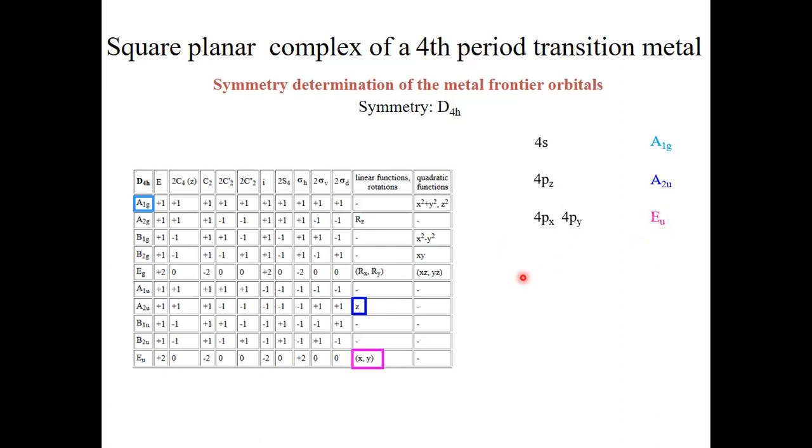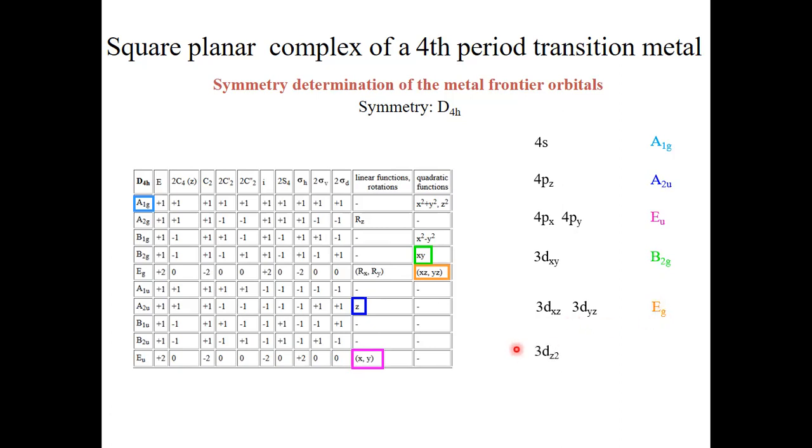Next, we need to consider the d orbitals. We can, for instance, look at the 3dxy first. You see xy is appearing here. So that belongs to the symmetry type B2g. Next, we can look at dxz and dyz. You can see both of them here, and they have the symmetry type Eg. They're also doubly degenerate.